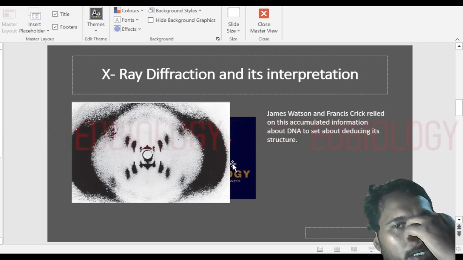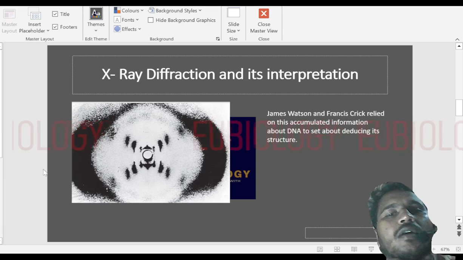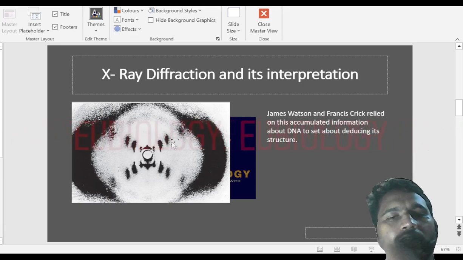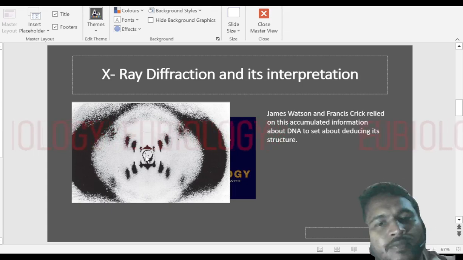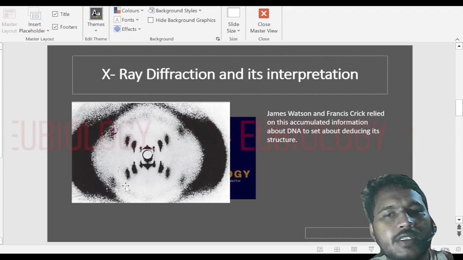So James Watson and Crick used these two pieces of information, the Chargaff rules and the X-ray diffraction done by Rosalind Franklin and Maurice Wilkins, and then they found this type of diagram.